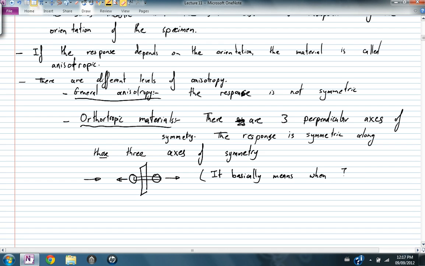When I pull along the direction of the axis of symmetry, no shear deformation occurs.